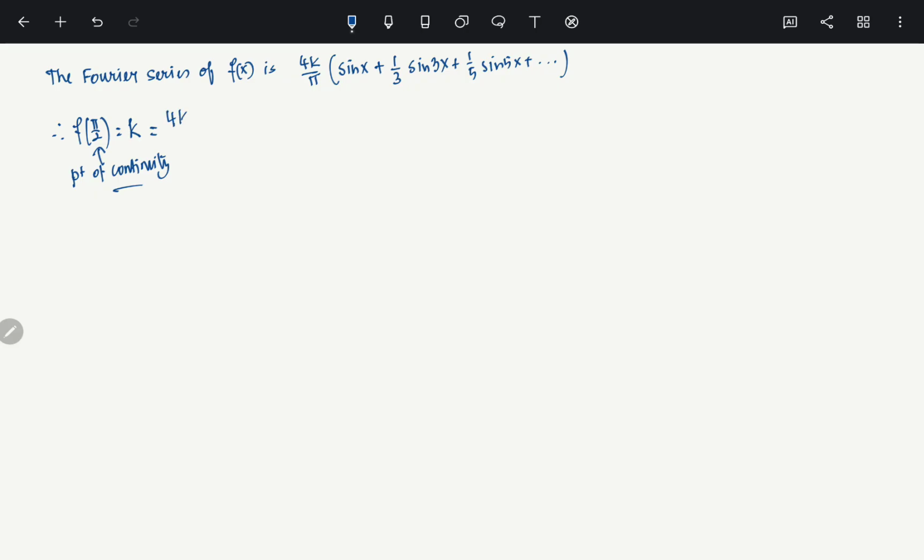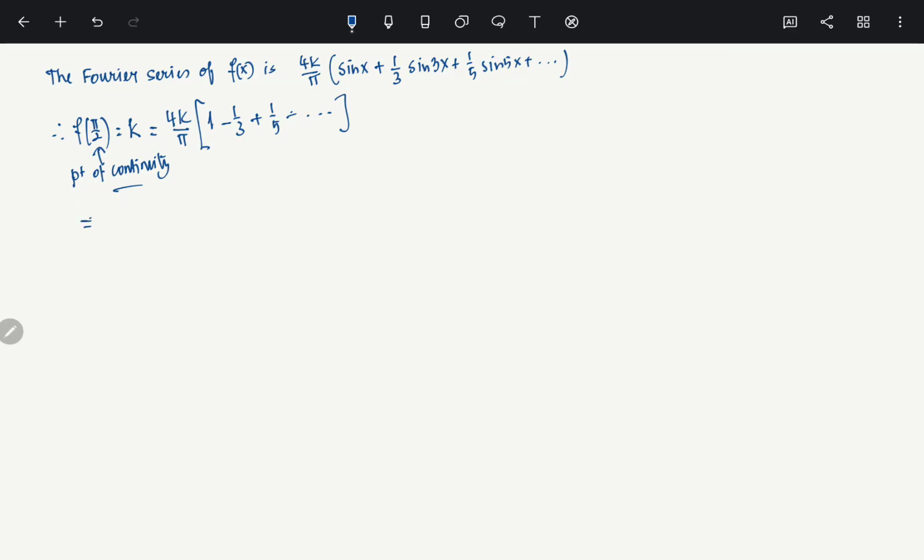So what is the sum of the series? It becomes 4k by pi times (sine of pi by 2, which is 1, minus 1/3 times sine of 3 pi by 2). So it goes on, you understand, it becomes minus 1, and then the next term is sine of 5 pi by 2, which becomes 1, so that is plus 1 by 5, and then it goes on like this.